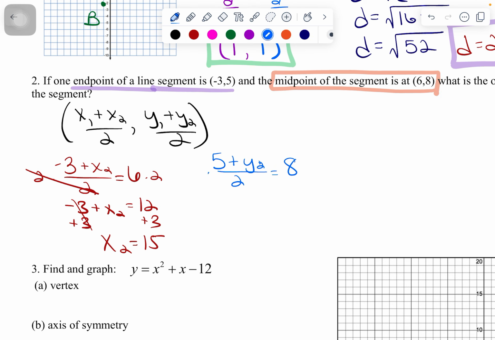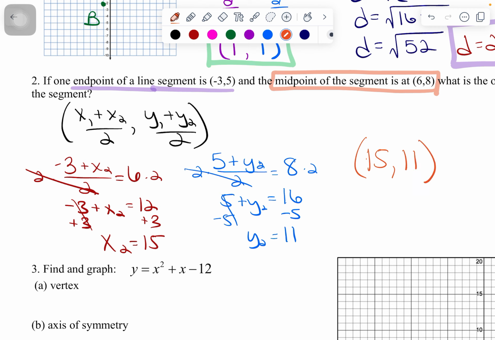So let's multiply both sides by 2. So 5 plus the second y is equal to 16. Let's subtract 5. So my second y is equal to 11. So the other endpoint would be 15, comma 11.